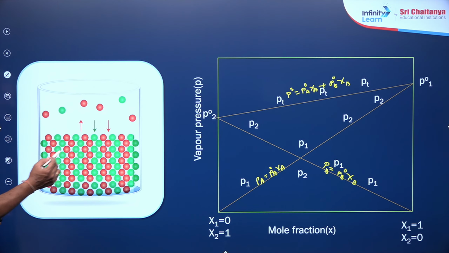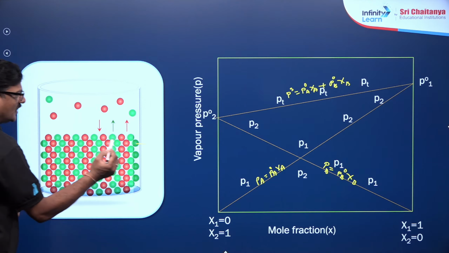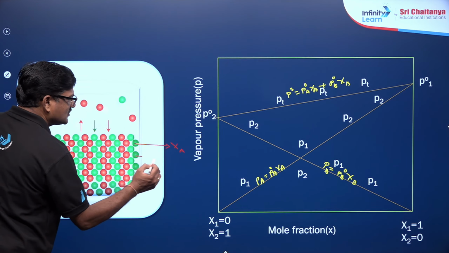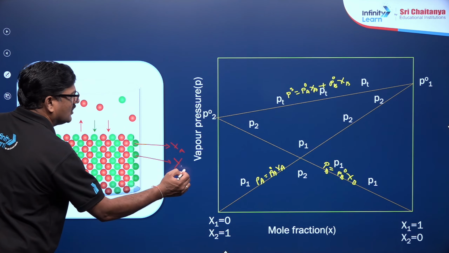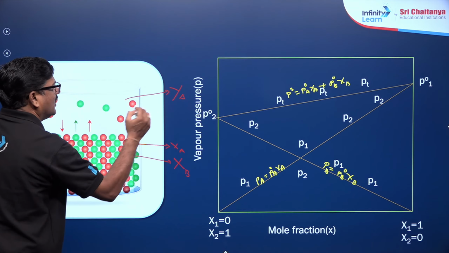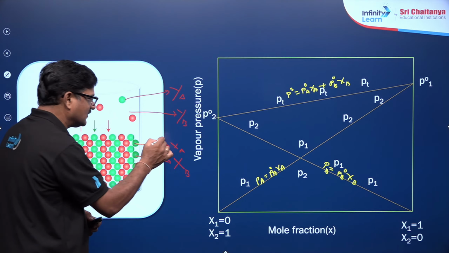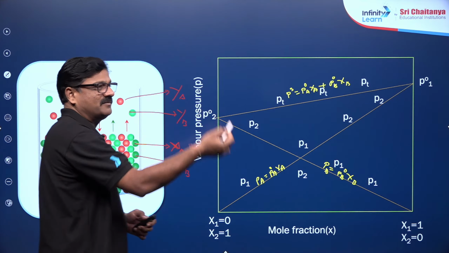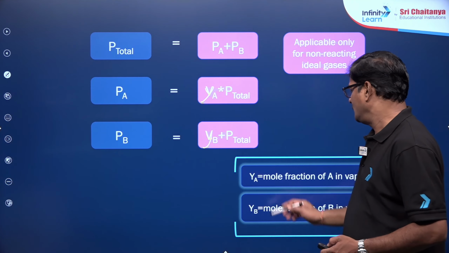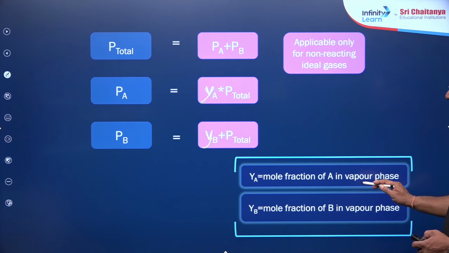This is what is said to be the mole fraction of A, and this is what is said to be the mole fraction of B, and in the vapor phase it is called YA and YB. So if it is in the liquid state, use X, if it is in the vapor phase, use Y. YA is the mole fraction of A in the vapor phase, YB is the mole fraction of B in the vapor phase.